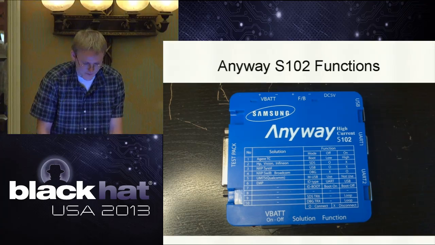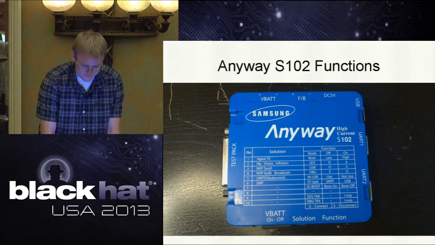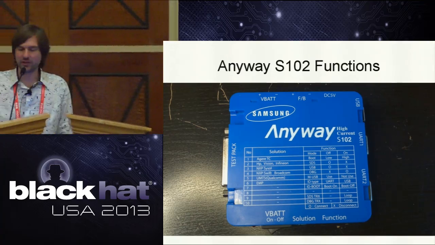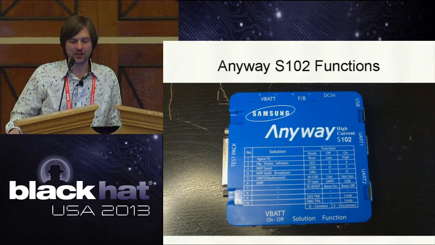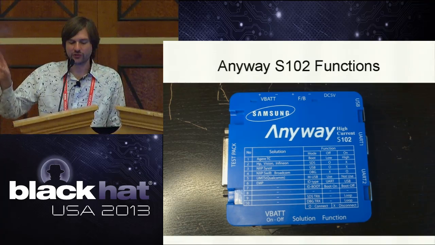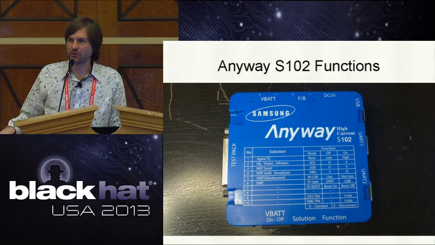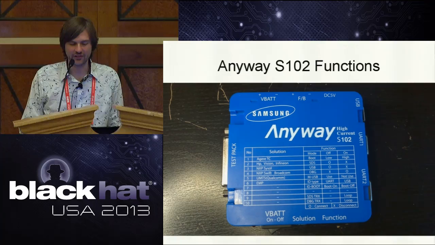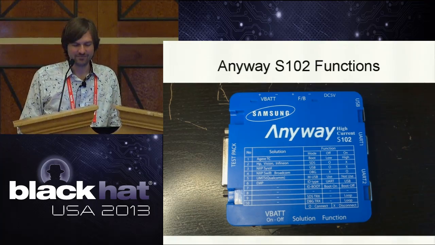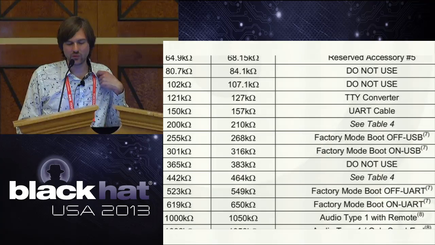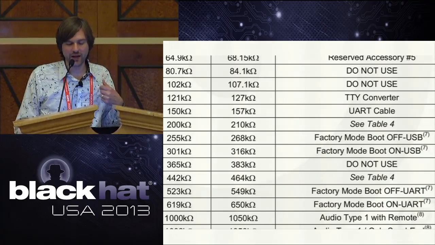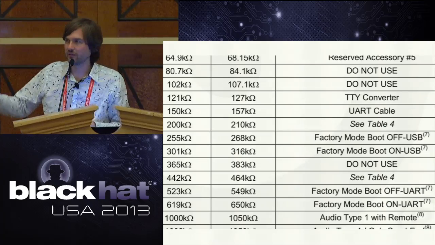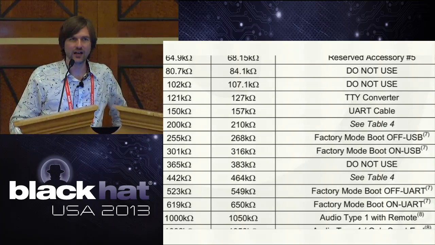So here's a better shot of the table. It's a confusing table, because the numbers on the left-hand side make it look like the solution table has something to do with the function table, and they really don't. They're two different tables that are both borrowing the same list of numbers. What we're really interested in, and what we've had success with, is that 150 kiloohm UART cable line.